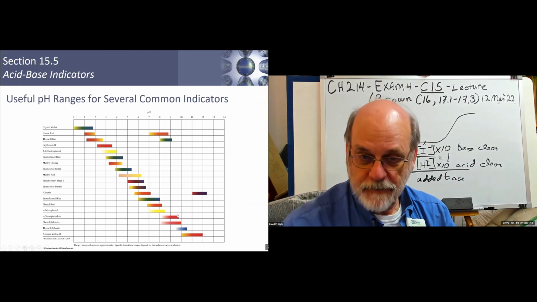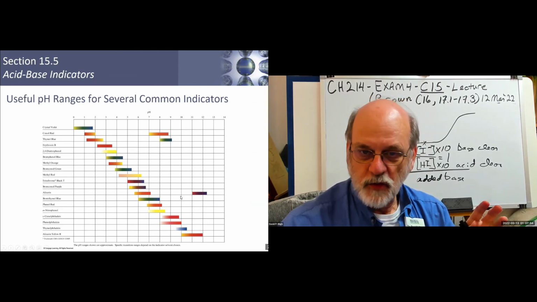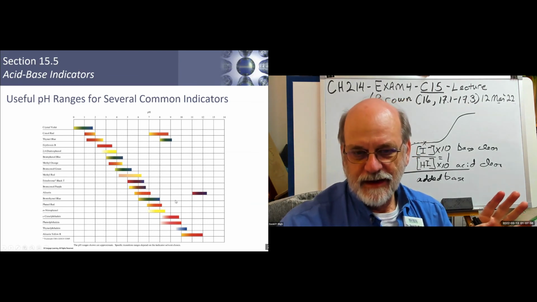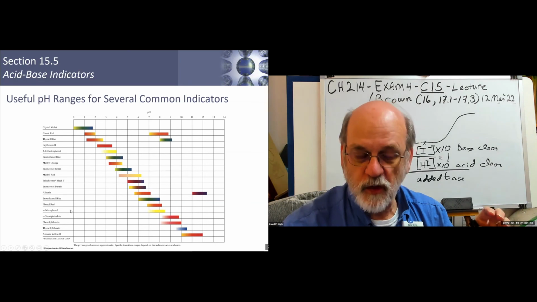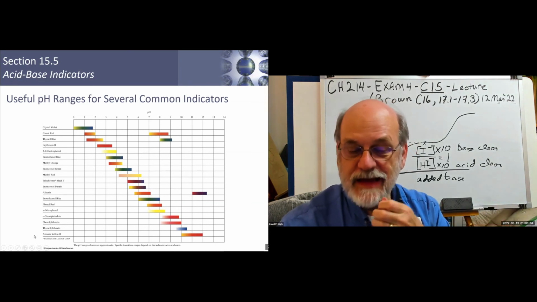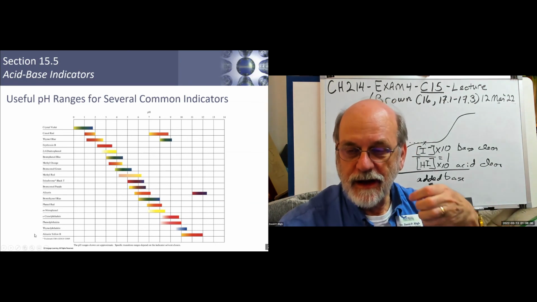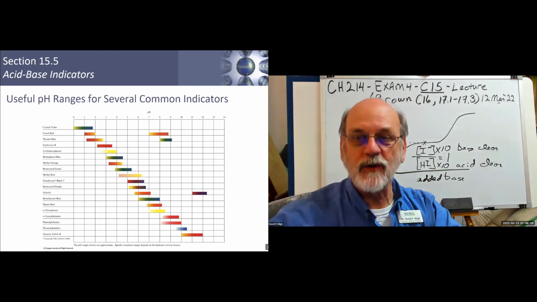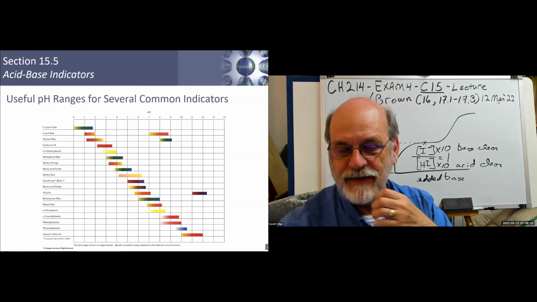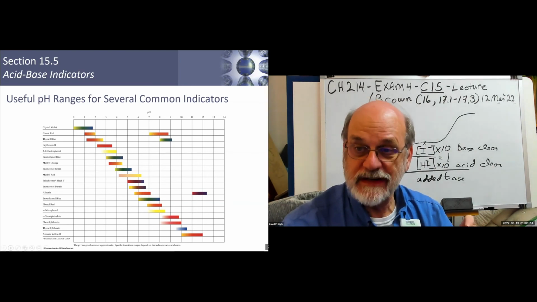Okay, fortunately, we've got these charts, and they give you the color change for each of these indicators at different pHs. Just remember that each one of these indicators is undergoing a buffered reaction at the same time as your main reaction is happening, and they're changing color to help you indicate.